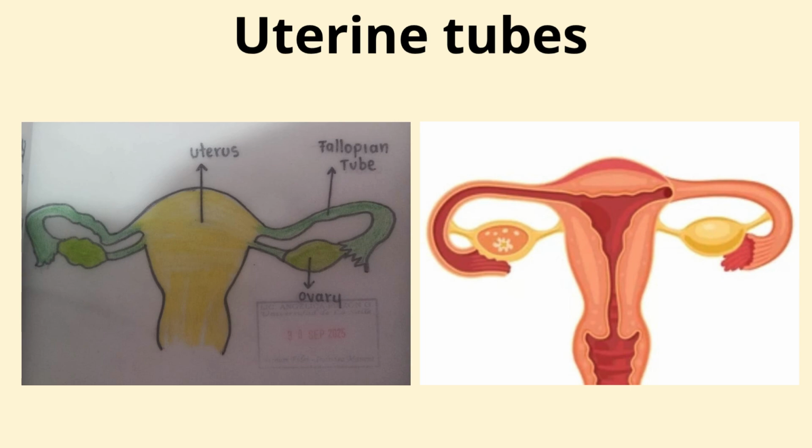When an egg is released, it enters the fallopian tube, and if a sperm cell meets it, fertilization can occur. The fertilized egg then travels to the uterus, where it may implant and grow. This process is a key part of reproduction.